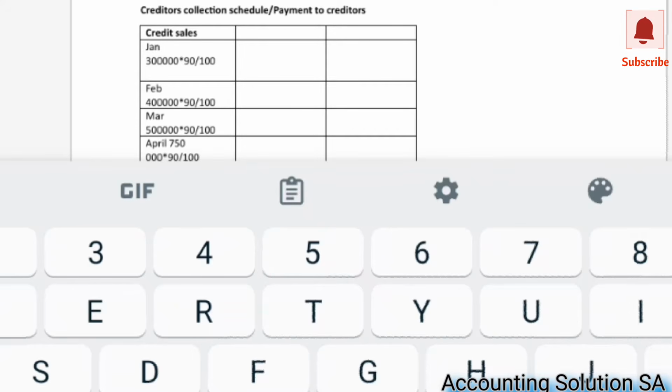For January, you must also calculate on your side because I'm using a cell phone to calculate. Okay, it's gonna be 300,000 multiplied by 90%.